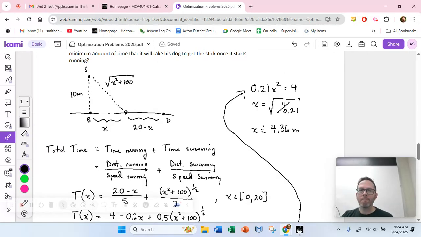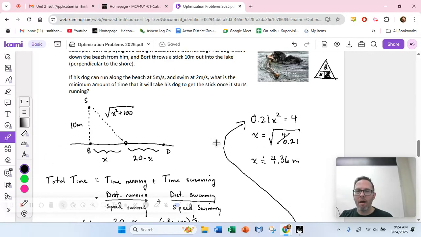Perfect. Now, for the sake of time, no pun intended, this question asks for the minimum amount of time. Can we just wrap the problem and say, you know what, to minimize the time to get the stick, that's the spot where the dog should jump in. You guys okay with that? Just so you guys can get to practicing?